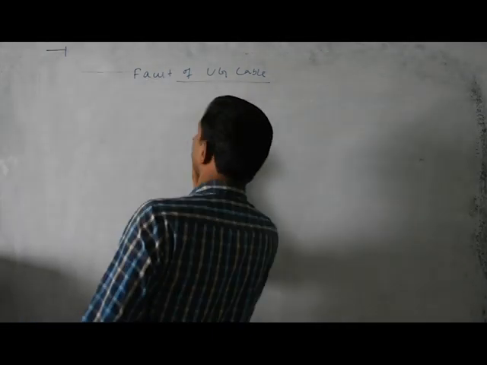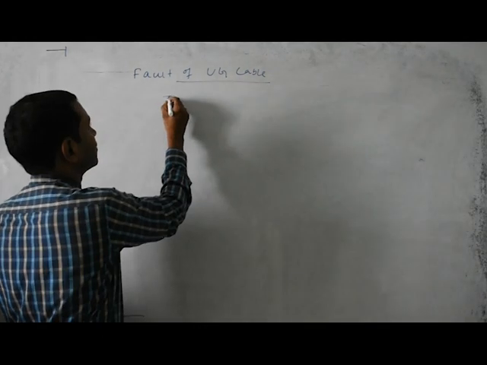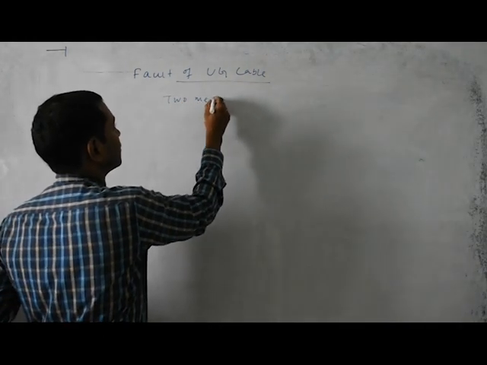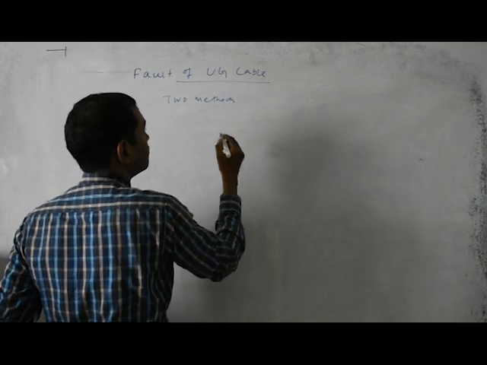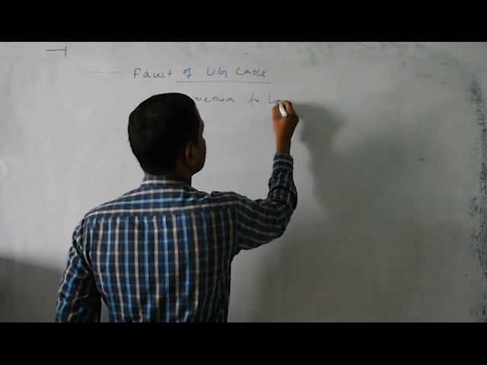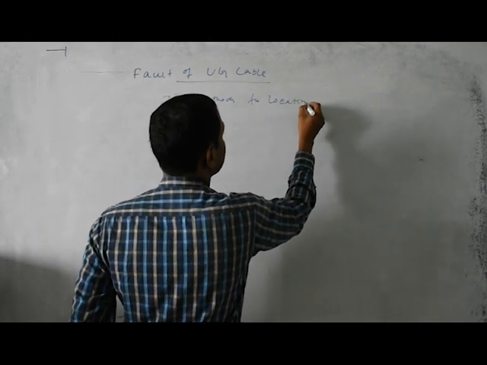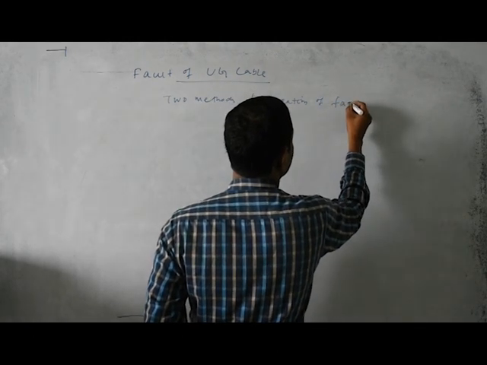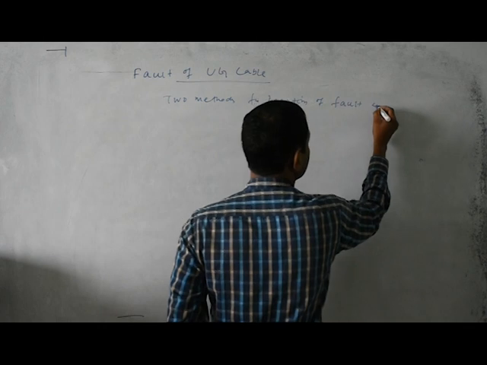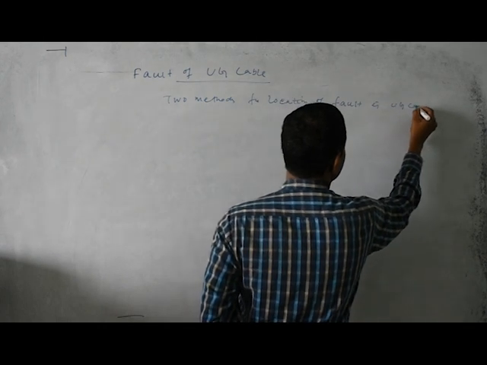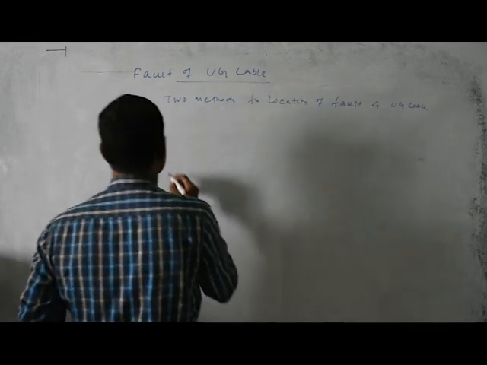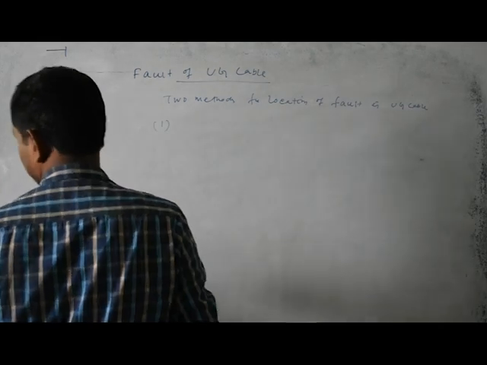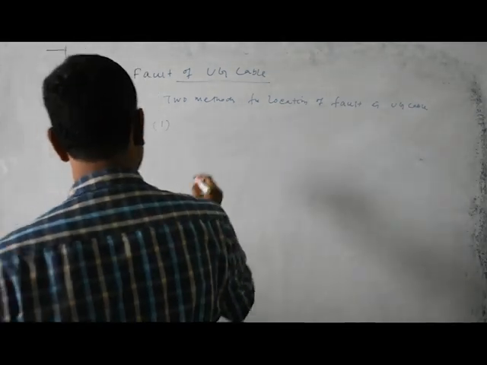There are two methods for location of fault in UG cable. One is Murray loop test.